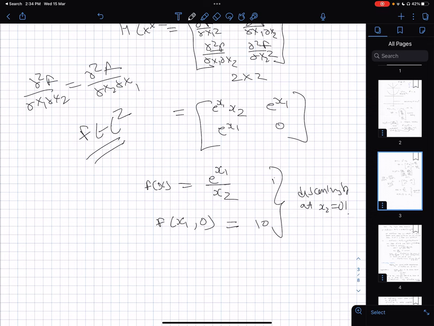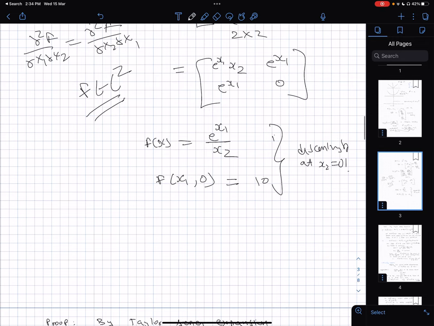There are many discontinuities in this function. So the point is, what I am trying to say is that saying a function is twice continuously differentiable is asking quite a lot from that function, but many functions do meet that requirement.